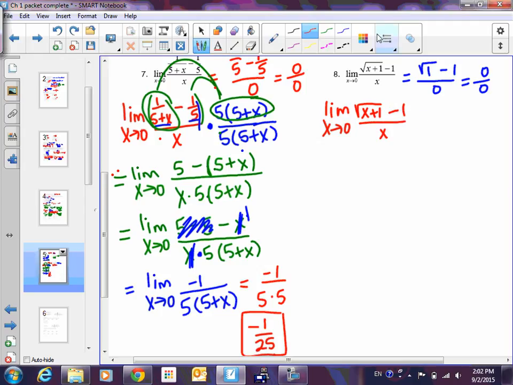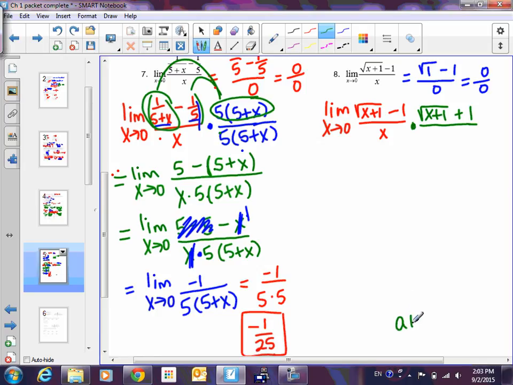And I'm going to multiply by a clever form of 1. Anybody have an idea of what I can multiply by? Square root of x plus 1. So what were you going to say, Peyton? Yeah. Do you know what that's called? It's called the conjugate.